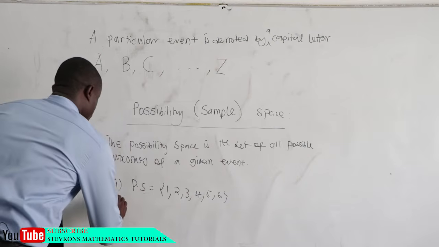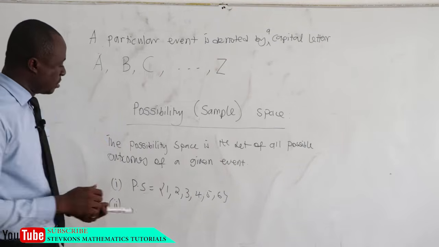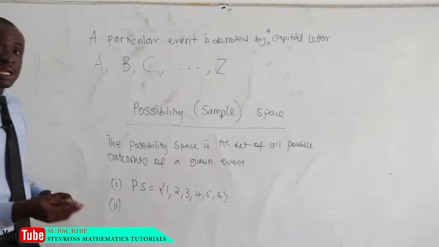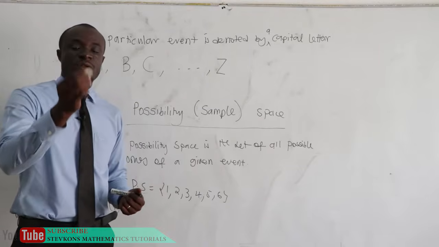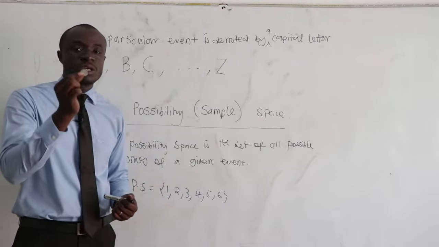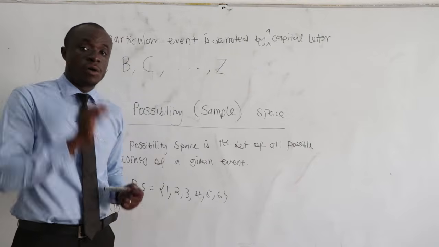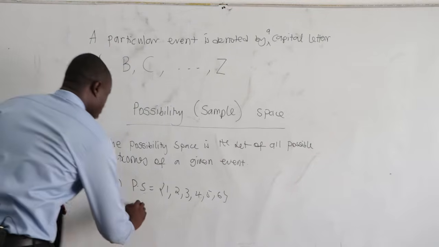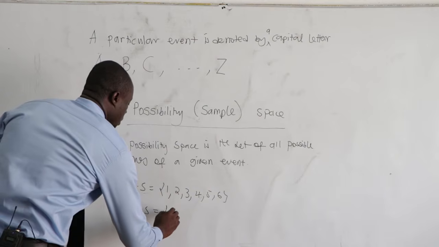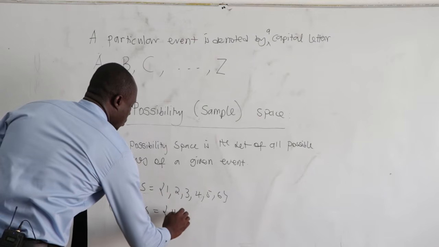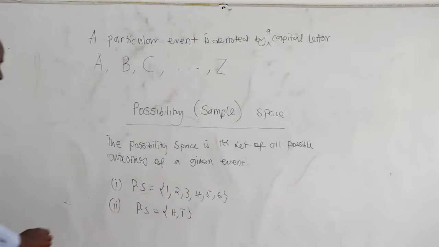Now let's see the second one also. The second one was tossing a coin and then landing head up. Now we know for a coin, the possibility space is either head or tail.